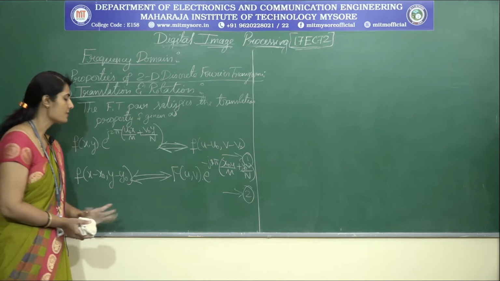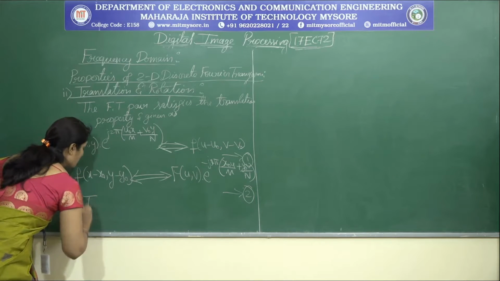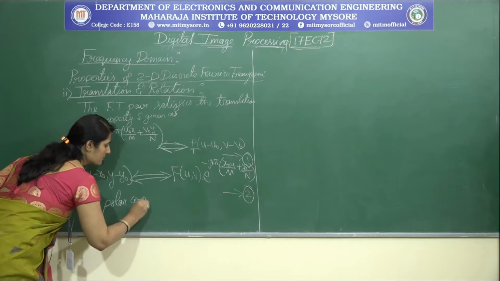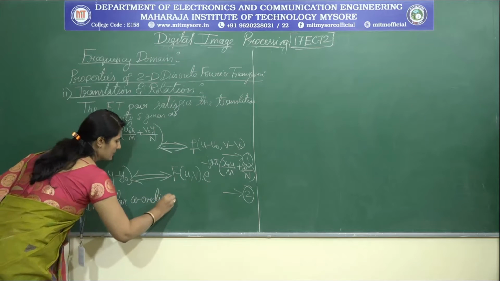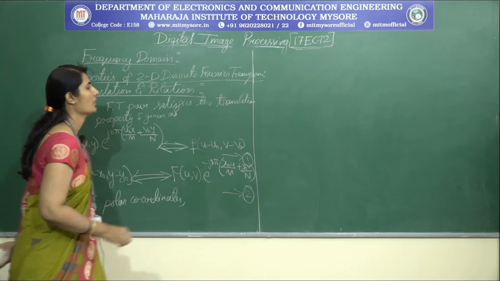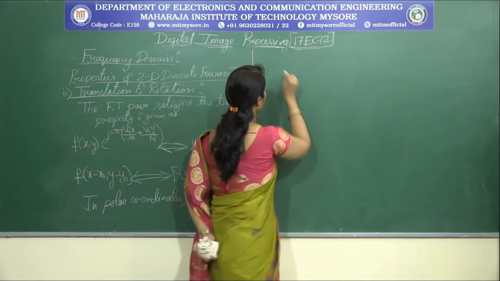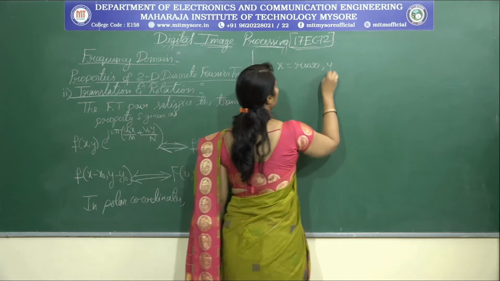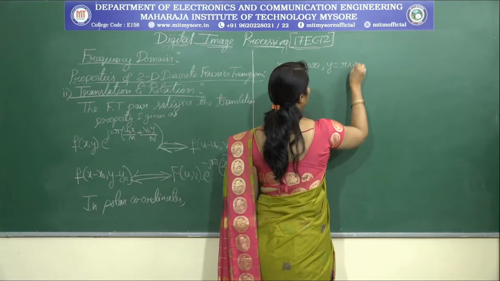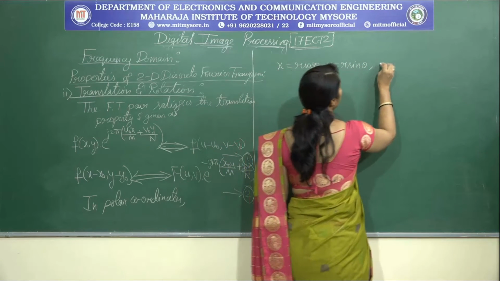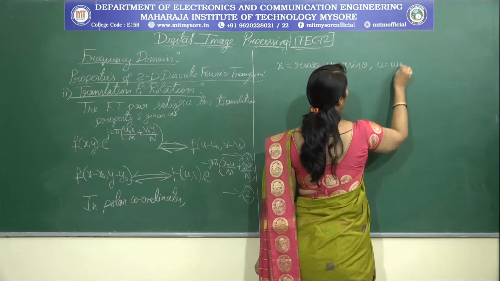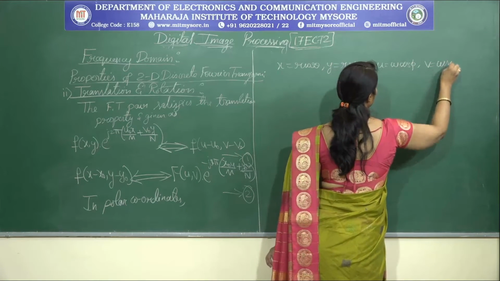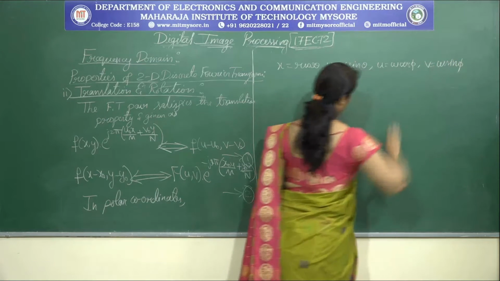Now if you convert this pair into polar coordinates form, let x is equal to r cos theta, y is equal to r sin theta, and u is equal to w cos phi, v is equal to w sin phi.